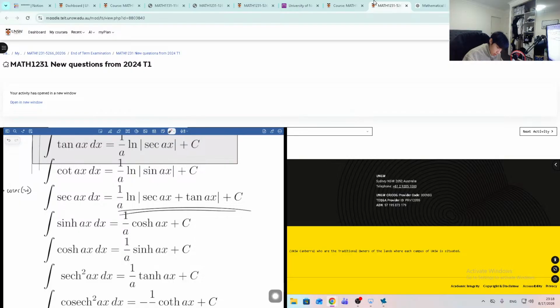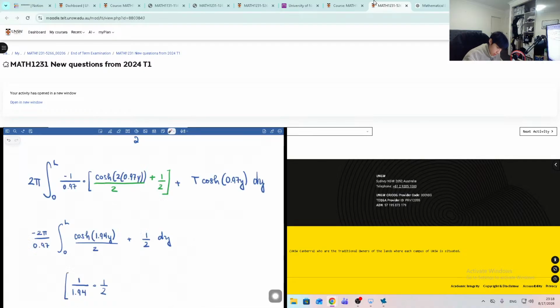We're using cosh. And we're turning all that into shine.